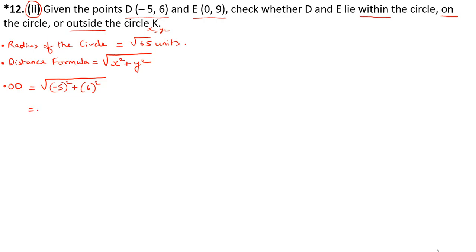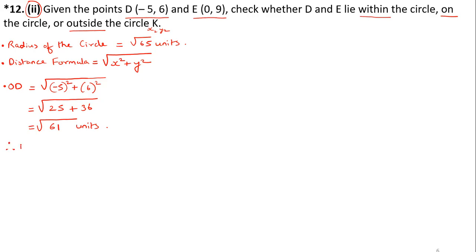Okay, so this will become 5 5s are 25 and minus minus plus 6 6s are 36. So now add this 25 and 36. If we add, we will get root 61 units. Now this root 61 units is less than what we got as root 65 units. So obviously this point lies inside the circle. So that is what we will write.